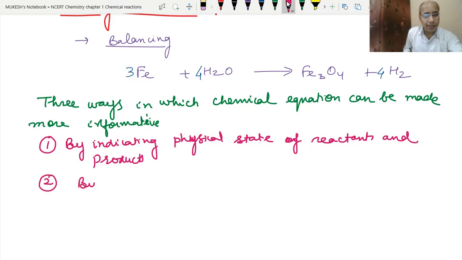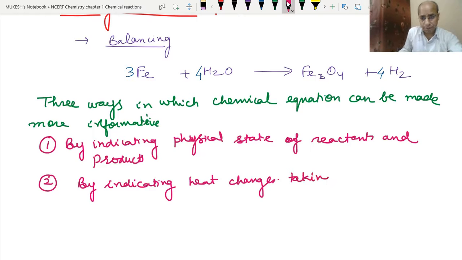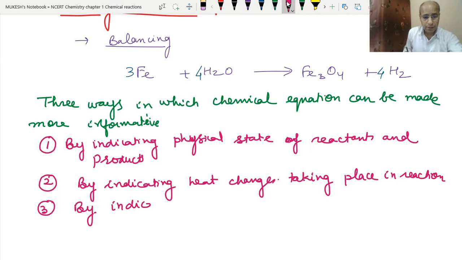By indicating heat changes taking place in the reaction. And the third thing that we can do is by indicating the conditions under which the reaction takes place.